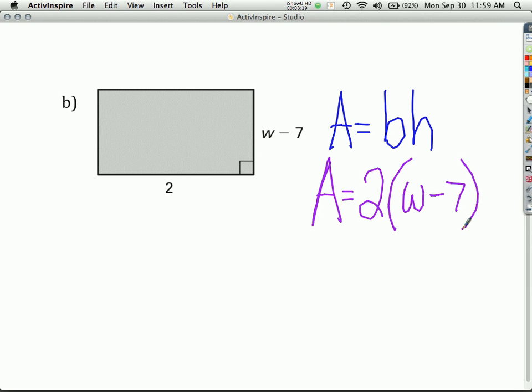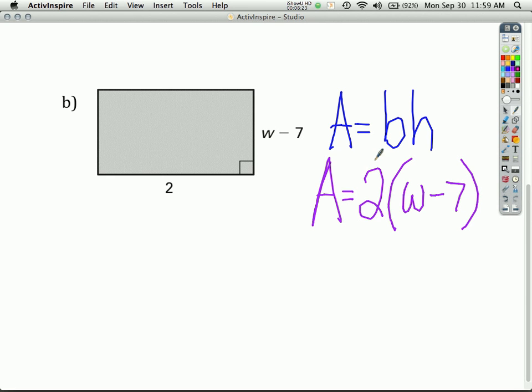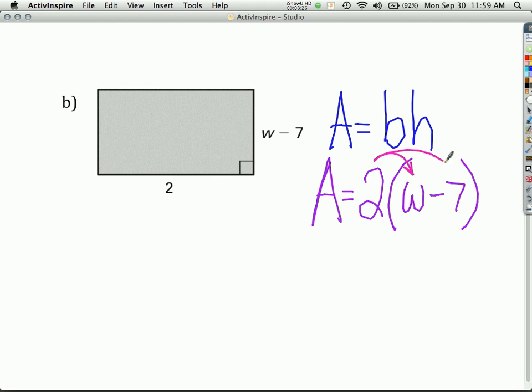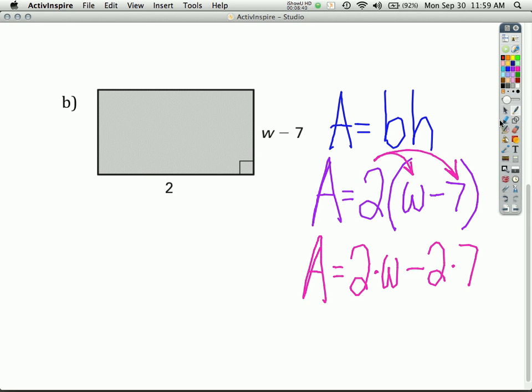And now, to write it correctly, we actually use the distributive property. Distribute, distribute, and we get area equals 2 times W minus 2 times 7. Simplify anything that needs to be simplified and write your answer.